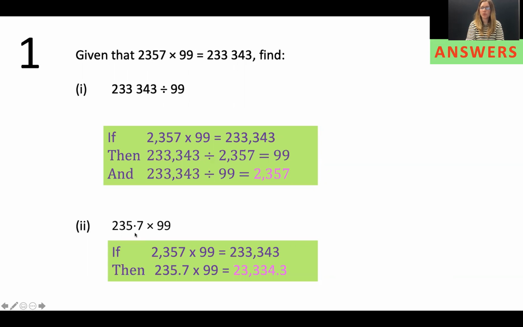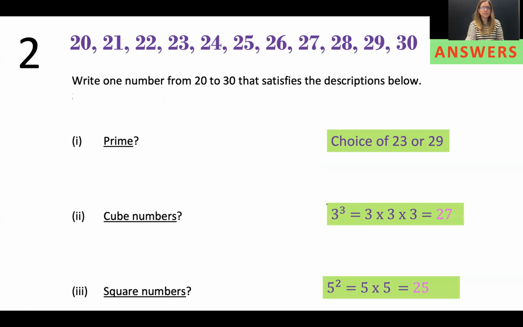We've got a decimal point in here, so we've moved the place value once. So that leaves us with a solution that needs to be exactly 10 times smaller than 233,343. So our answer is 23,334.3.